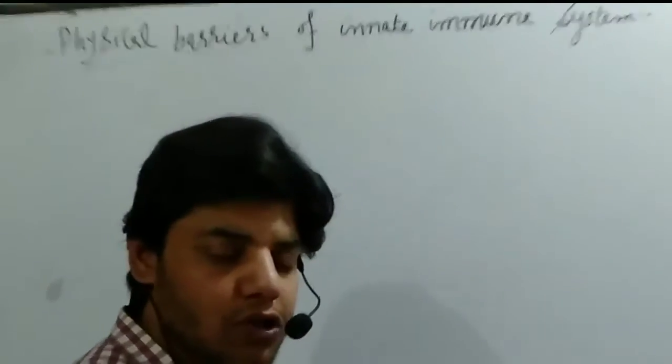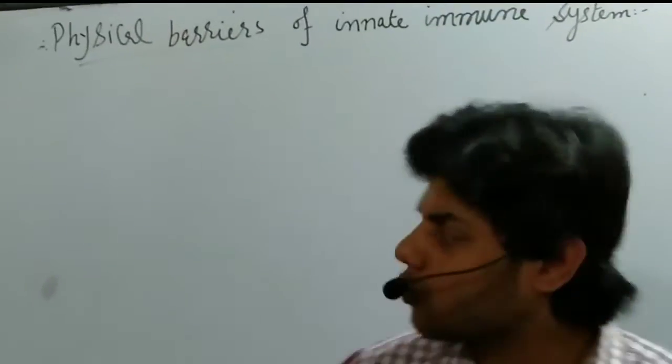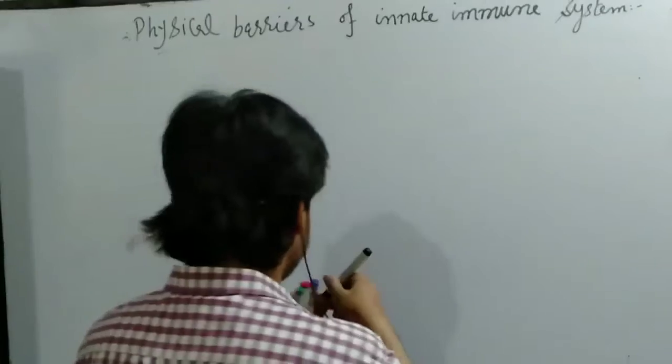So first of all, let me draw the human body here and label those physical barriers which take part in the innate immune system.